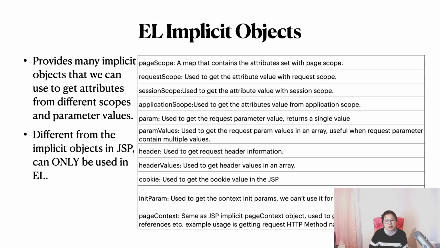But this pageContext is used inside the EL expression, between the braces, okay? You can use pageContext to get the request and session references, and from there you can get things like HTTP method, header, and others.